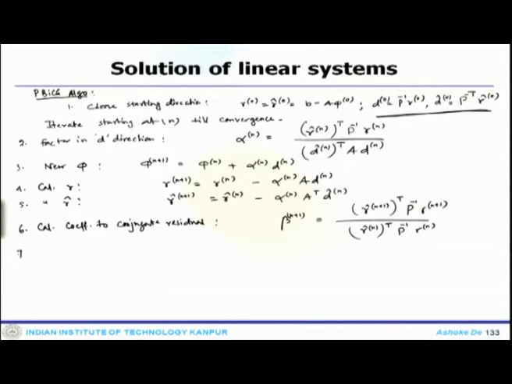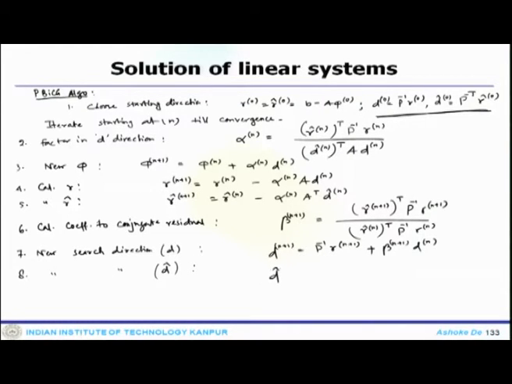Then you get the new search direction, that is the one along the original system d, which would be d n plus 1 equals P inverse r n plus 1 plus beta n plus 1 d n, and along the d hat also.